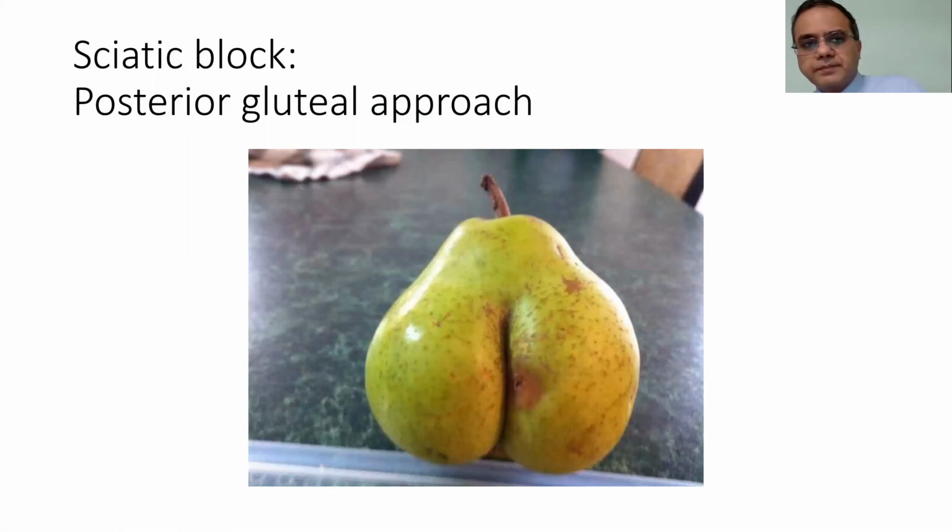Of course, you can block the sciatic nerve by posterior gluteal approach as well.